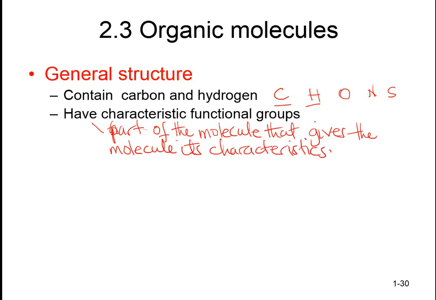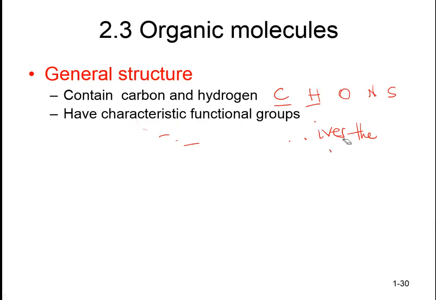So we will say that this molecule is an alcohol because it has a functional group of alcohol. We say this molecule is an acid because it has a functional group of an acid, and you will see what that means. So write down this. You need to write down what a functional group is. A functional group is a part of the molecule that gives the molecule its characteristics, and we'll see that as we move on. So I'll take it off here and then proceed.